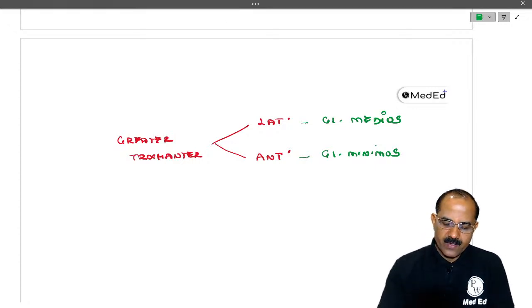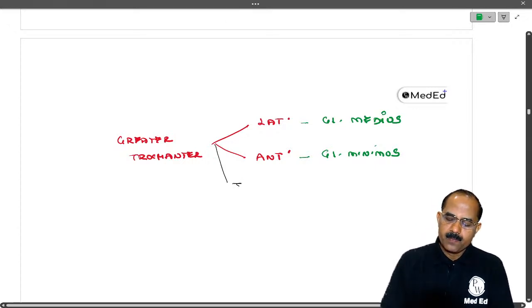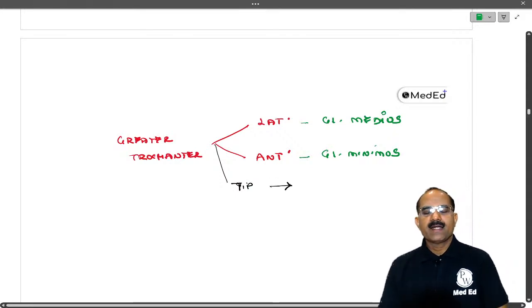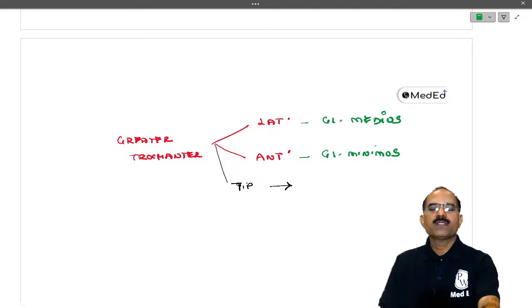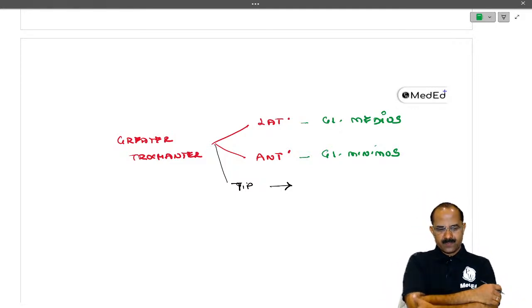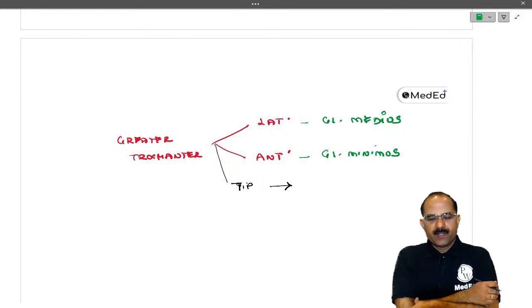And the third, if I tell you the tip of the greater trochanter, can you say it? Muscle attached to the tip of the greater trochanter. Hello children, speak. Any guesses? Anyone?